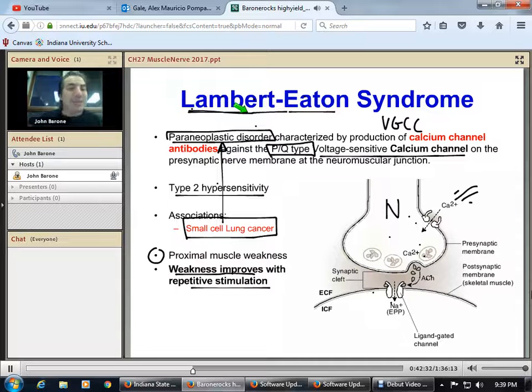Now, here's the kind of weakness they're going to get. They're going to get weakness here, so trouble combing your hair. It's hard to raise your arms. But they get mostly weakness here in the iliopsoas, the hip flexors. So if these are weak, you're going to have trouble lifting your leg. So trouble going upstairs, trouble getting out of a chair. To get out of a chair, you got to use the hip flexors.